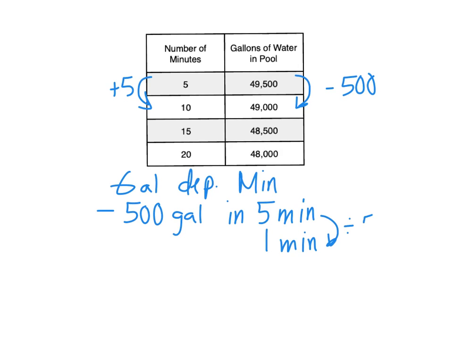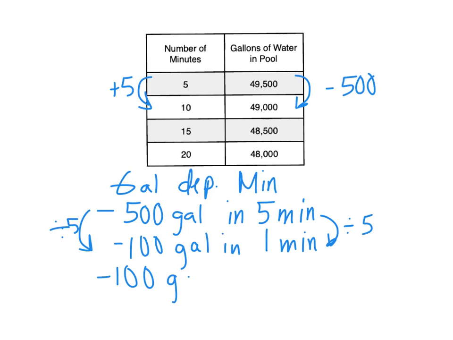So we'll divide by 5. And when we do that, we'll end up with going down 100 gallons in 1 minute. So down 100 gallons per minute. That's my unit rate.